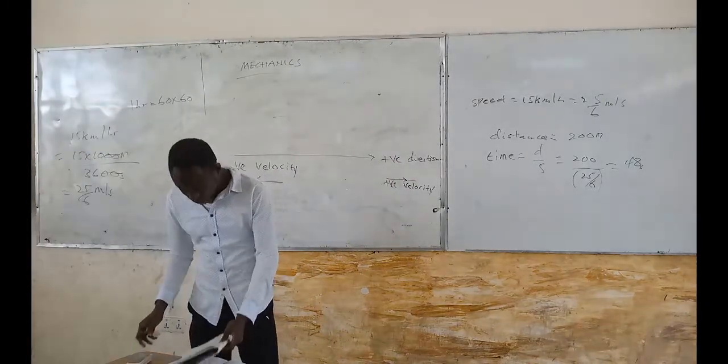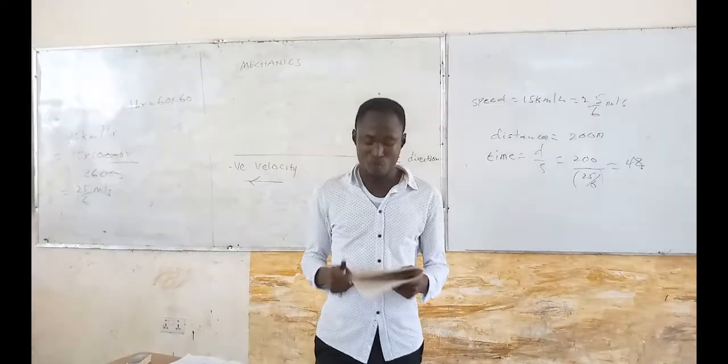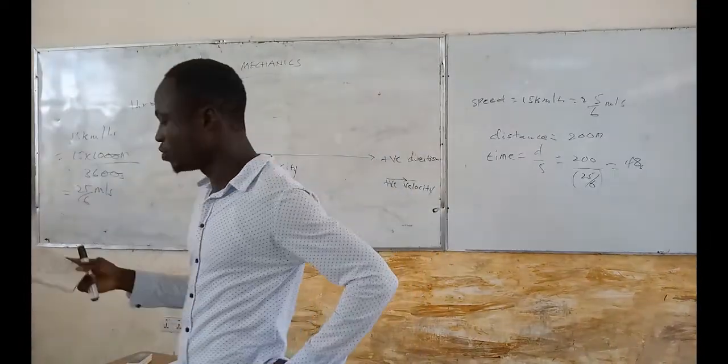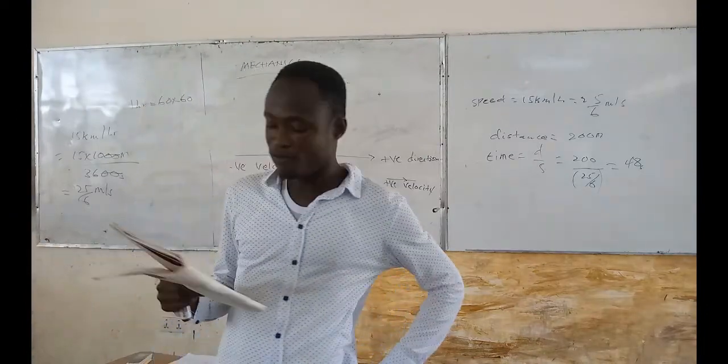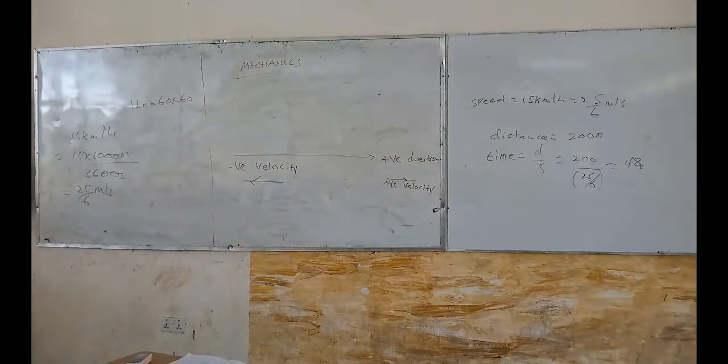Now let's look at some interpretation. When we say a particle is moving with a velocity of 5 meters per second, what does it mean? It means that every 1 second it moves 5 meters. Very good.